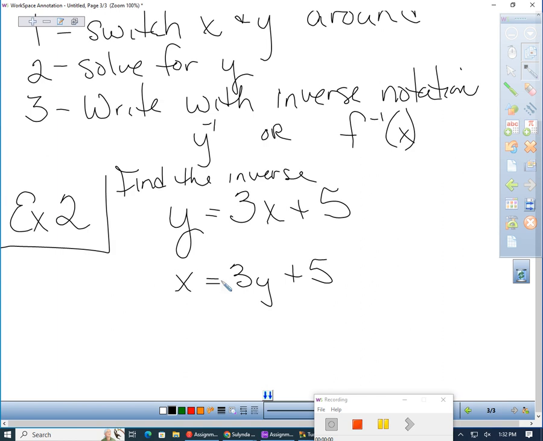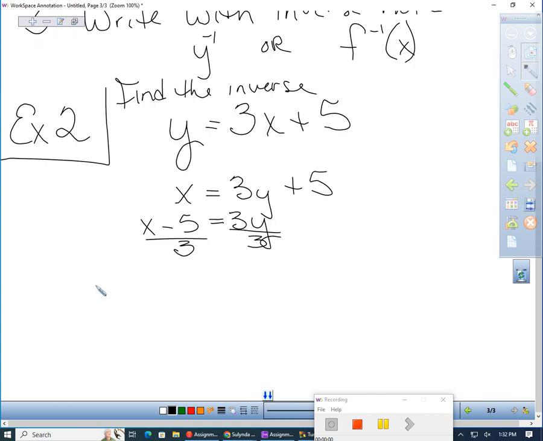Now we solve for y. So I'm going to subtract 5 over. So x minus 5 equals 3y. And then I would divide both sides by 3. And then write with inverse notation. Y inverse equals. I can leave it as x minus 5 over 3, or I can split it up. It's up to you. It doesn't matter either way.